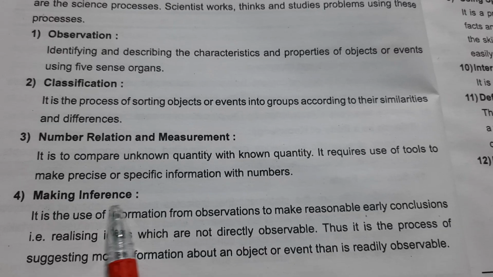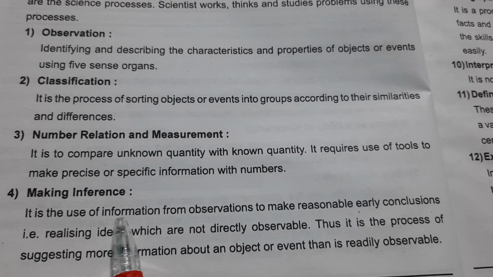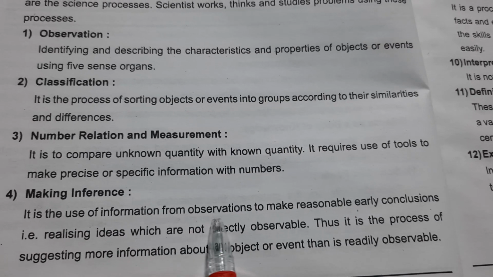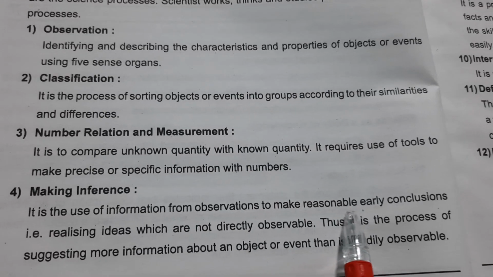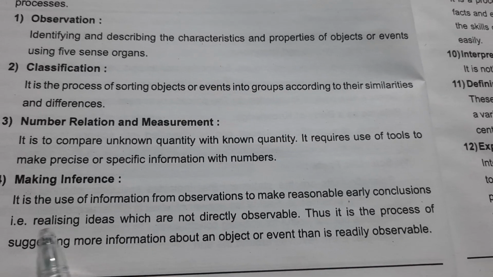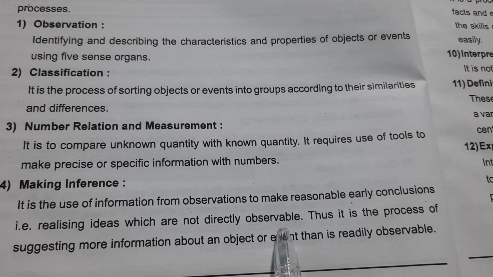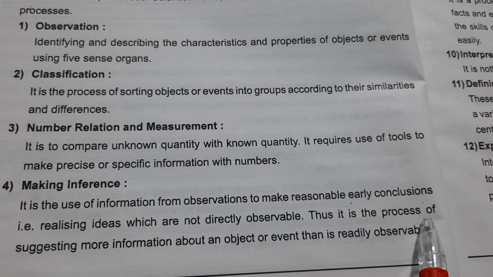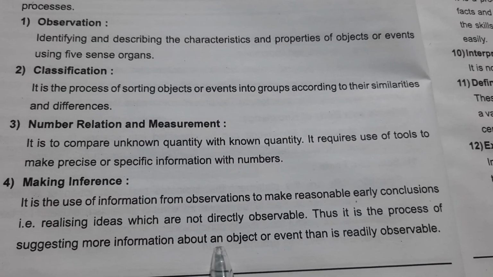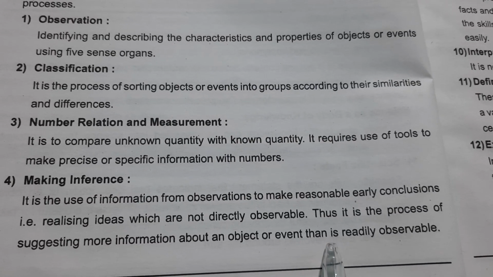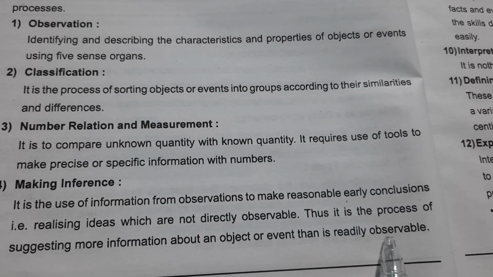Then making inference. It is the use of information from observation to make reasonable conclusions, that is, realizing ideas which are not directly observable. Thus it is the process of suggesting more information about an object or event than is readily observable.